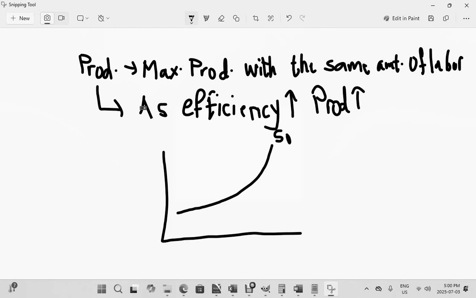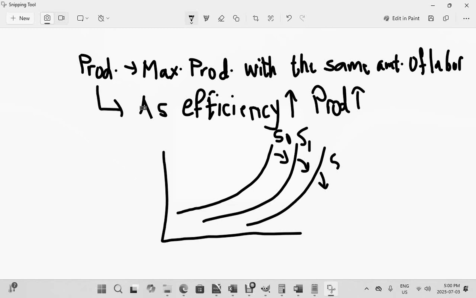This supply curve will shift to the right as the productivity grows. So this will become S1, and it keeps shifting to the right as long as the productivity grows. So this becomes your S2.